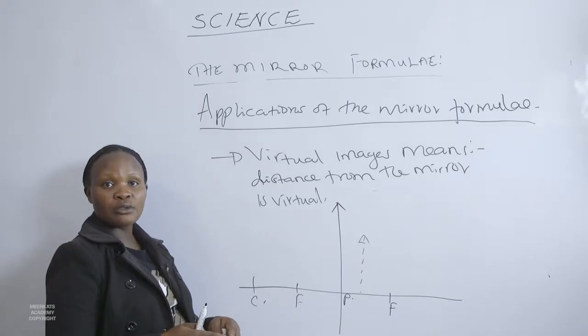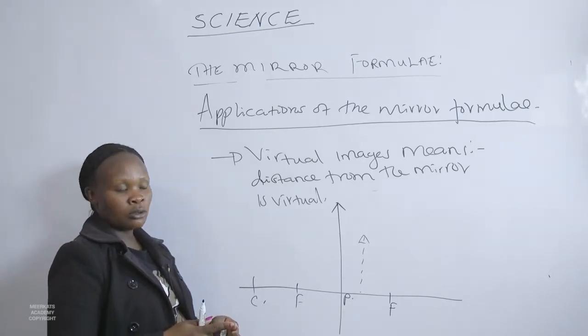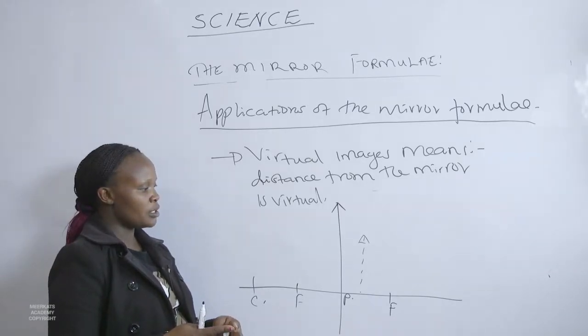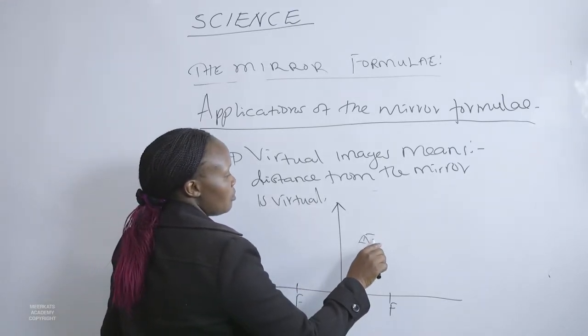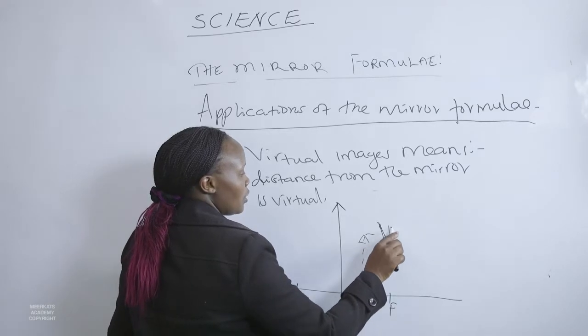The rays actually appear to pass through the points. And for that reason, we classified these images as virtual.